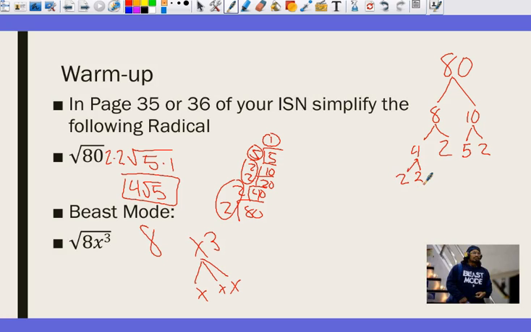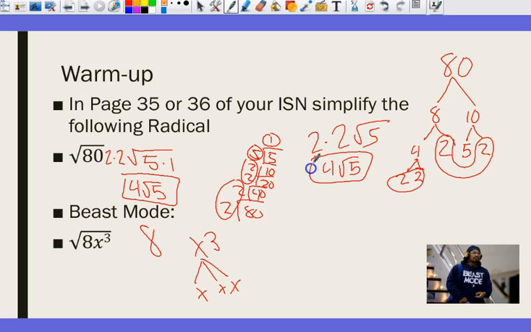Now we can find our pairs. We have a pair here, and we have a pair here. Oh my God, it's the same amount of pairs. Imagine that. Pair there, pair there. 2 times 2. 5 is in the middle. 4 times the square root of 5. It's the same answer, right?